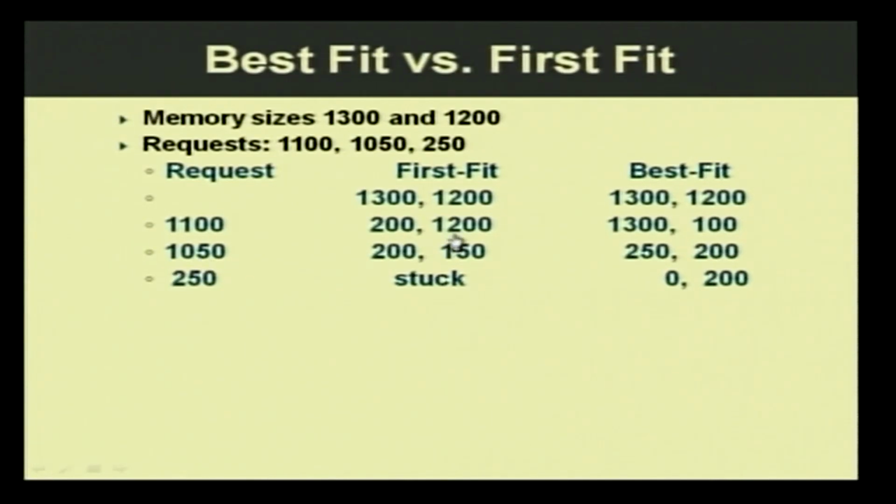After allocation of 1050 to the other memory space, a 150 hole is generated. However, the third request can never be entertained. Therefore, both the best fit and first fit approaches have their own advantages and disadvantages. The efficient policy would be the worst fit approach, because the hole generated will also be large enough to accommodate a forthcoming process inside your operating system.